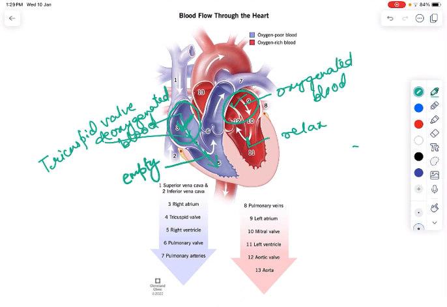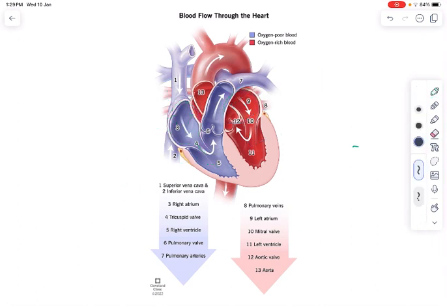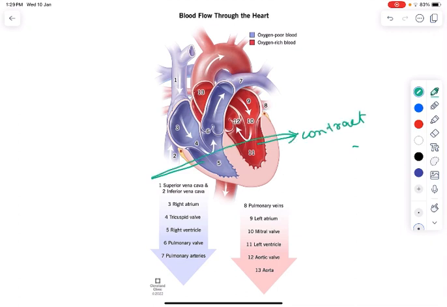When the ventricles contract, the atria will relax. When both ventricles contract, then the atrium will relax.